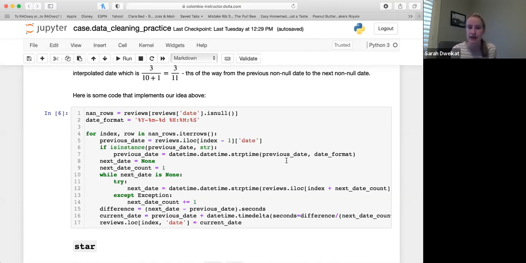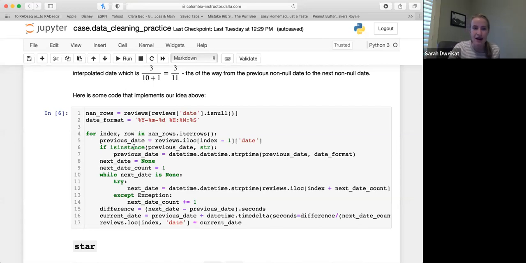Right now our dates in our data set are strings, and Python doesn't recognize them as dates. So we're going to use datetime.strptime to convert the previous date to a datetime, using the date format which we defined right here. We have to give it a format, to tell it how it should convert to datetime.